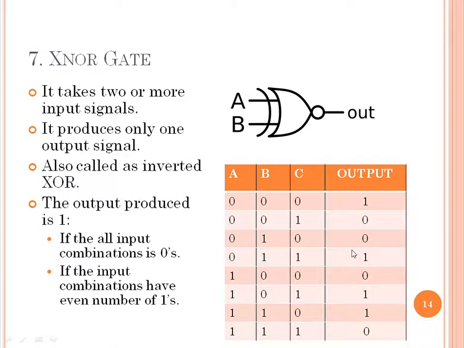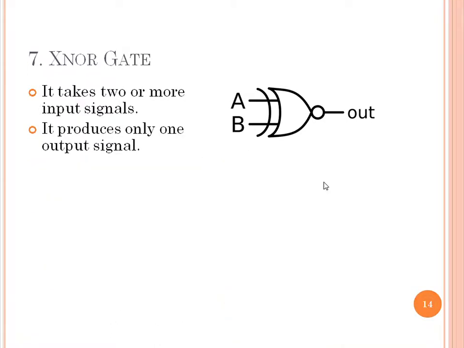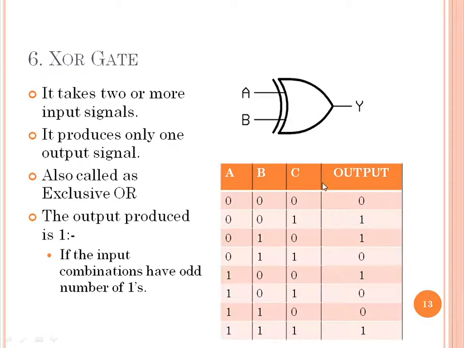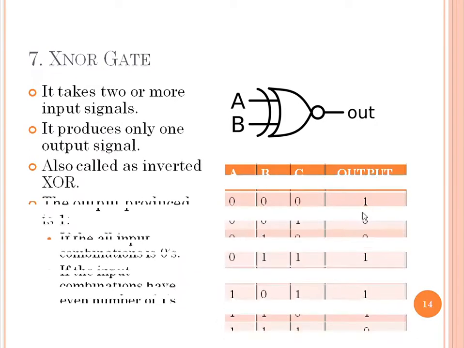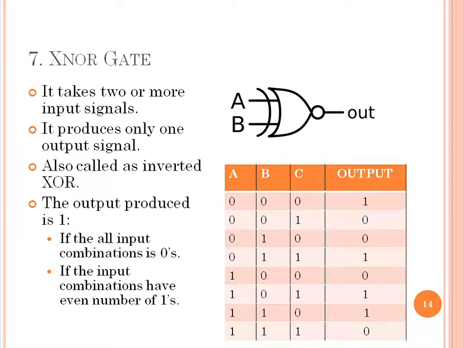And if all the input combination is 0, which is the reverse case of XOR, you can have a look at the previous slide over here. There it used to produce 0, but since we are studying XNOR, that is the exclusive NOR, it has to be the reverse of XOR. So that is why here we are representing the inverted relation.